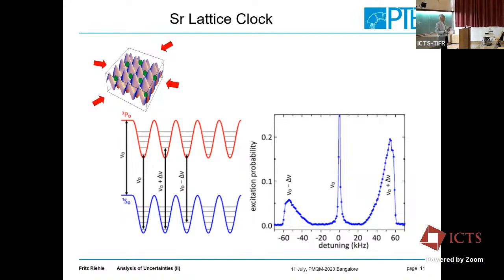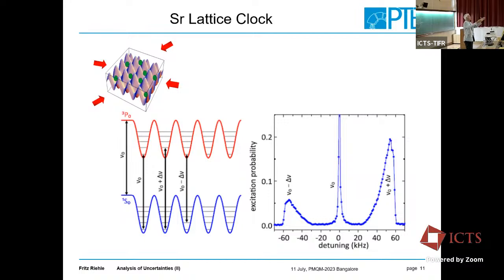So it is fixed in a way. And this means if it is concentrated to less than a wavelength of the optical wavelength, there is no longer the possibility of the first order Doppler shift. But there is a possibility of the time dilation shift.